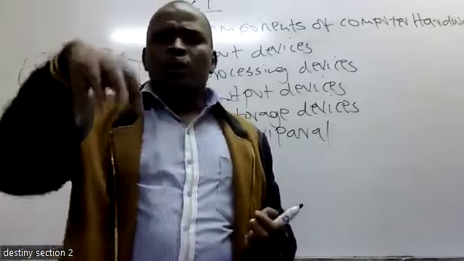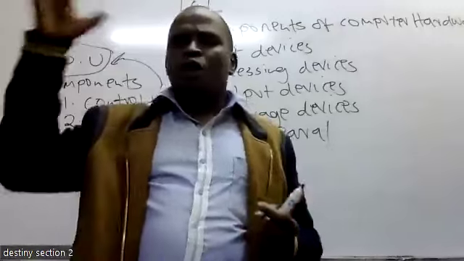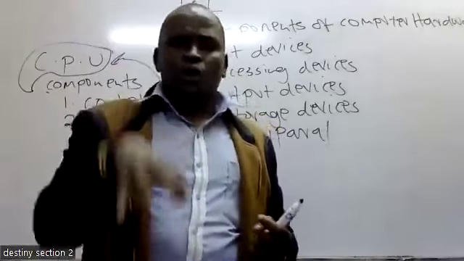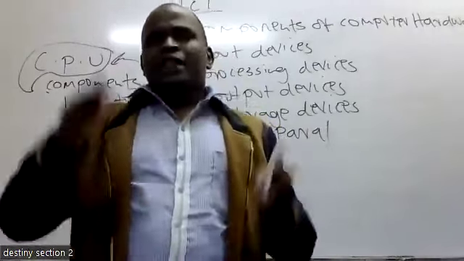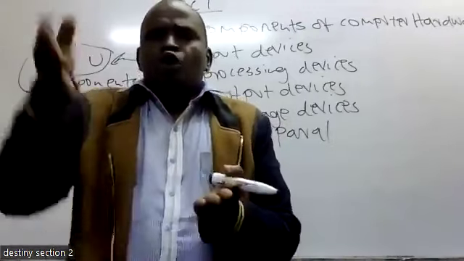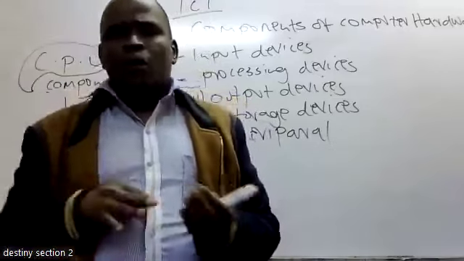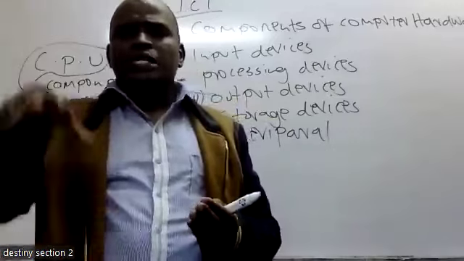For me to download Microsoft Excel, Photoshop, or QuickBooks, and to work on QuickBooks when I'm editing something, there must be a working area. That working area is the primary memory.